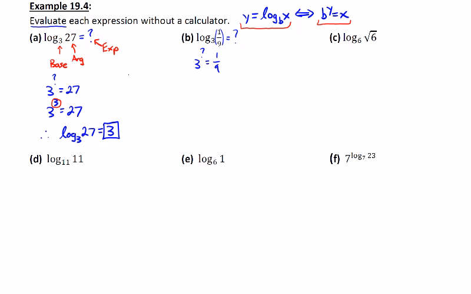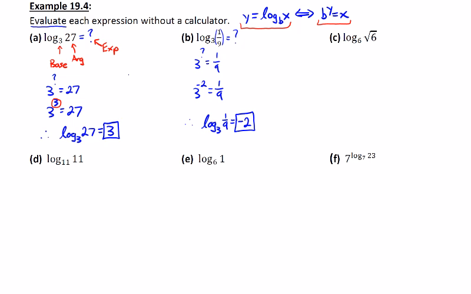I mean, there's a lot of different exponents that we could have. So for this particular setup, we would need a negative exponent. We would need to have -2. So 3 to the -2 is what's equivalent to 1/9. So therefore, log base 3 of 1/9 is going to be equal to -2. It's all about finding the exponent.